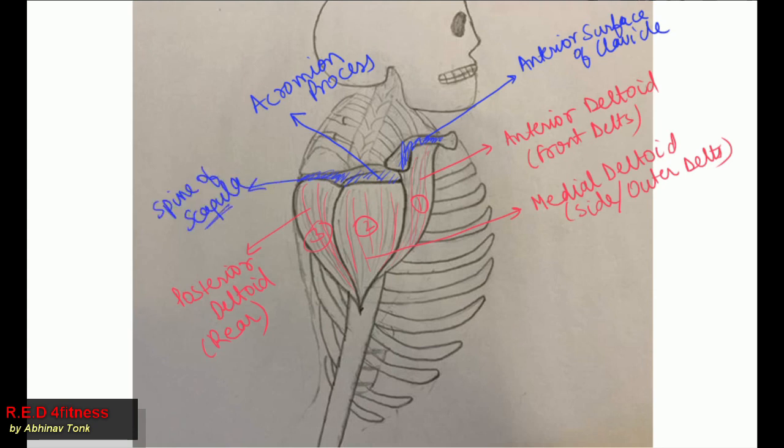Scapula is the shoulder blade. All these anterior deltoid, medial deltoid and posterior deltoid converge at one point on the humerus. So this is the humerus. Humerus is the bone of your arm. The point where all these three deltoids converge is known as the deltoid tuberosity.